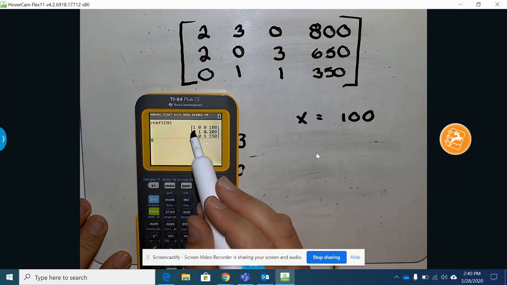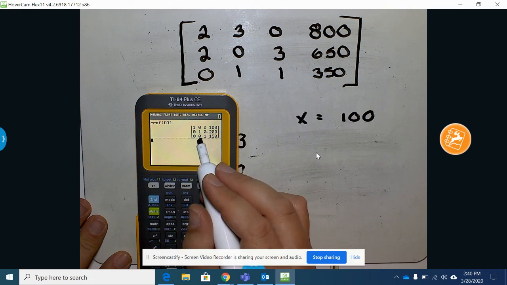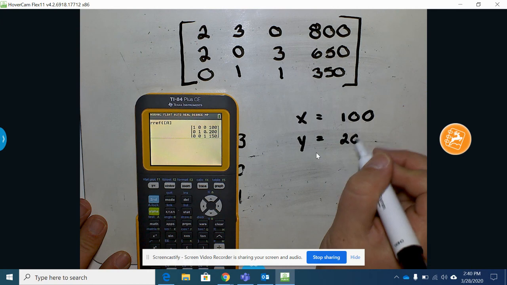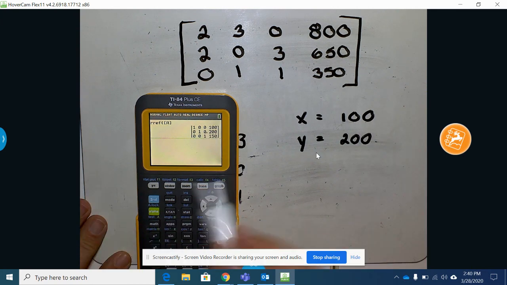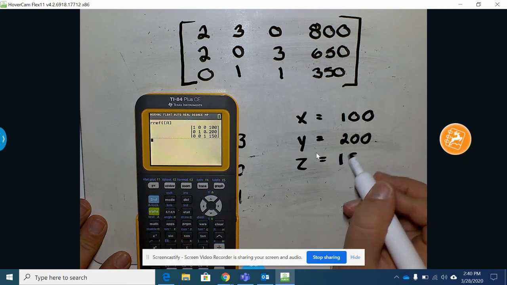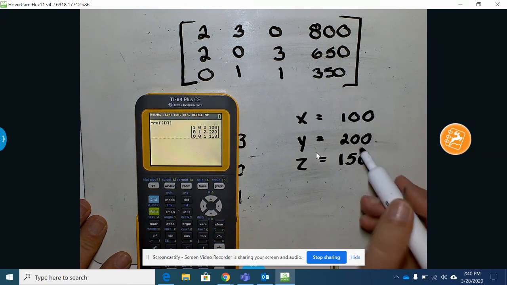So 1X equals 100. In the second row, that 1 is in the Y column, so 1Y equals 200. And then that 1 is in the Z column, so Z equals 150. Okay, we can look back at the variables that we defined, and what do these mean?